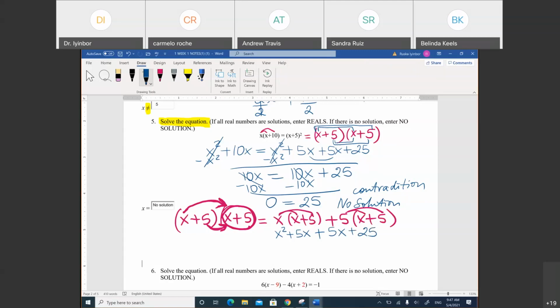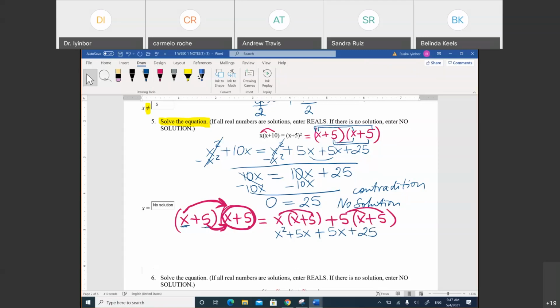This is called the distribution method. So you distribute x times everything and 5 times everything. Make sense? That's one method. Another one is FOIL, when you multiply the first, the outside, the inside, and the last. Did you guys understand this? Who was asking?